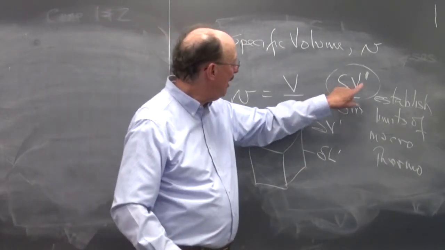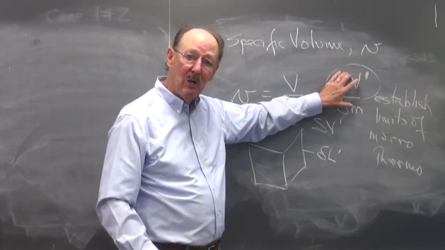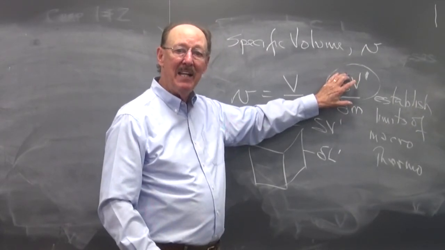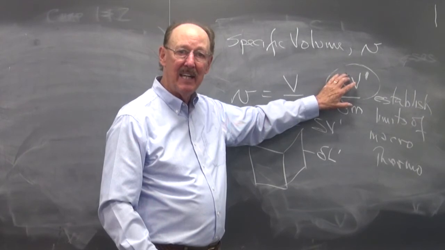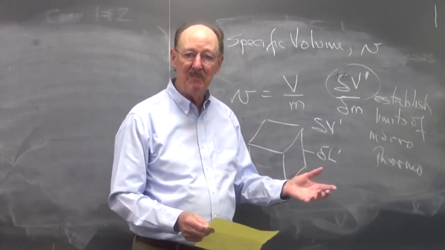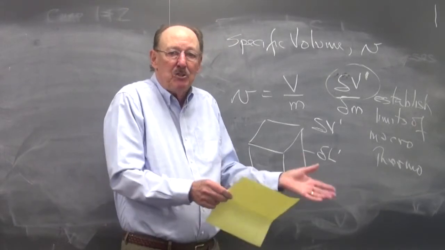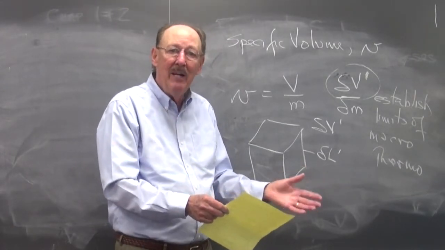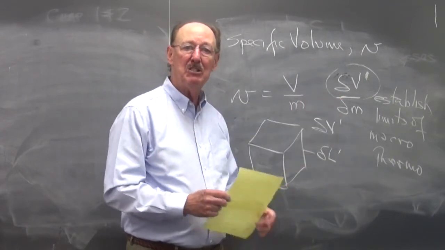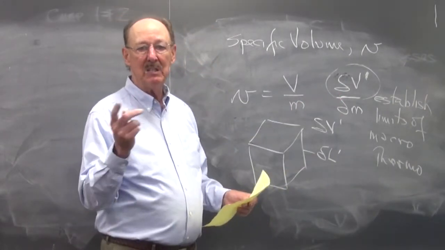So this del V prime is as small as you can go and still see air as air and not as nitrogen and oxygen together. If I'm measuring air, for instance, I want to know the specific volume, how small can I go and still have air? The answer is that's what this limit is, and it's about 10 mean free paths between collisions.